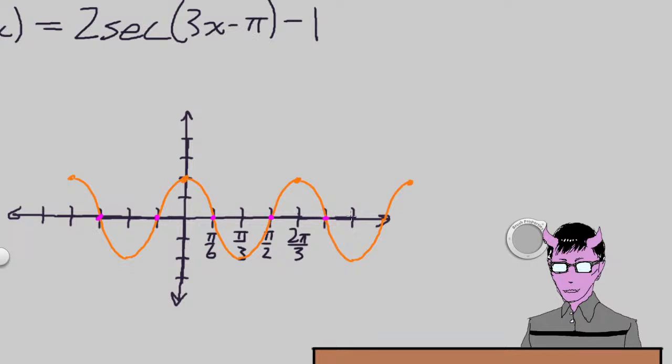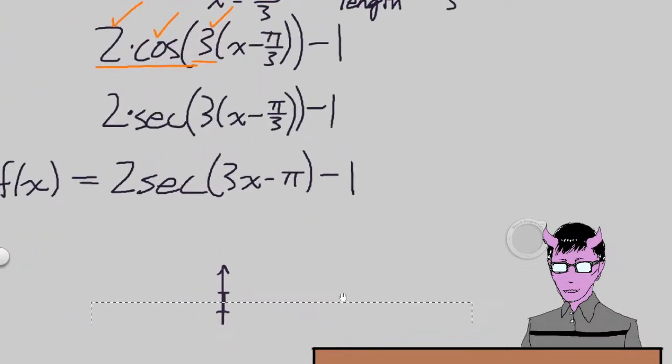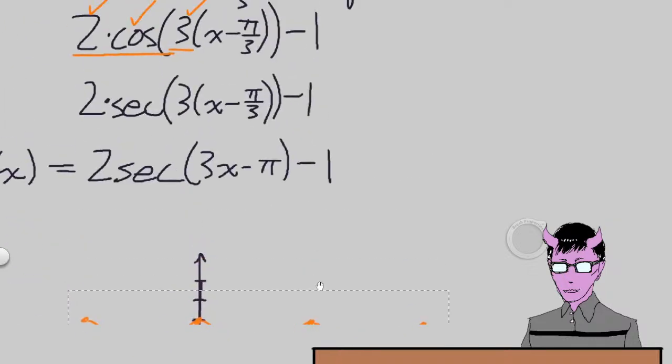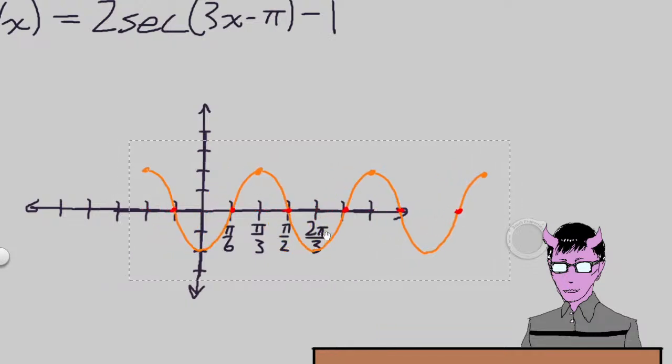So make note, prior to shifts, where are these nodes? Those nodes result in y values that are 0, and we can't divide by 0. So that's why I'm pointing them out right now. Let me use red just to be consistent. So red will be the locations of where the vertical asymptotes will pierce through this proxy. Alright, so again, we're going to take this thing right here, make note of where the red things are. We're going to shift the red things over pi over 3 spaces to the right, which is 2 hash marks. So 1 and then 2.